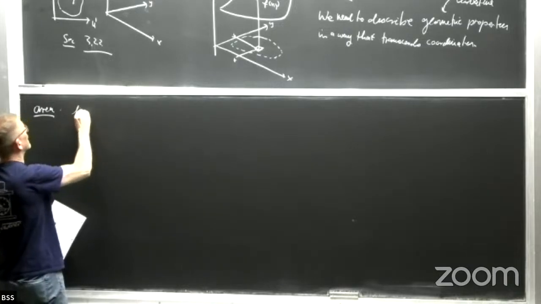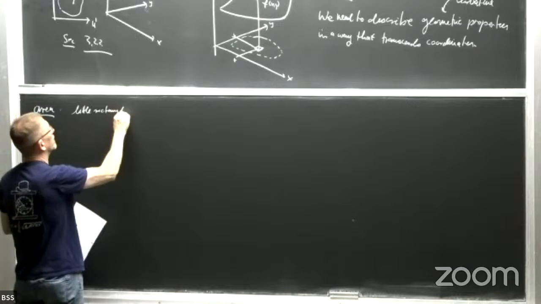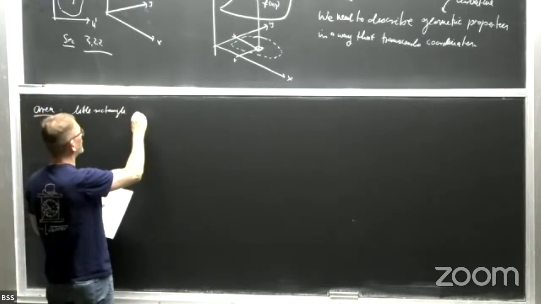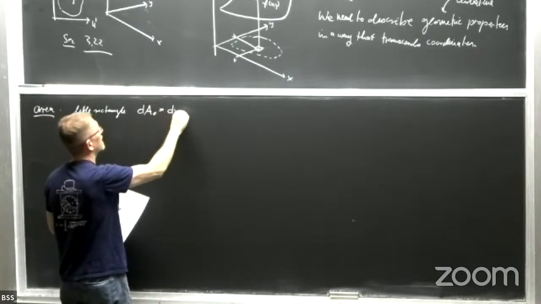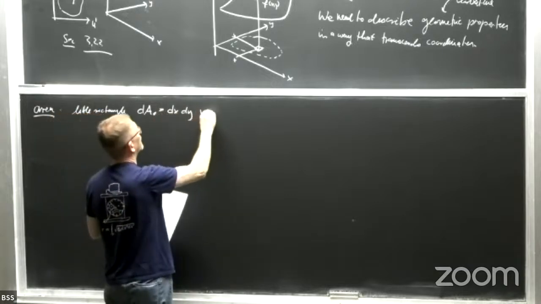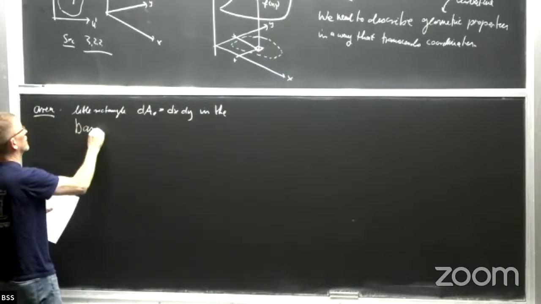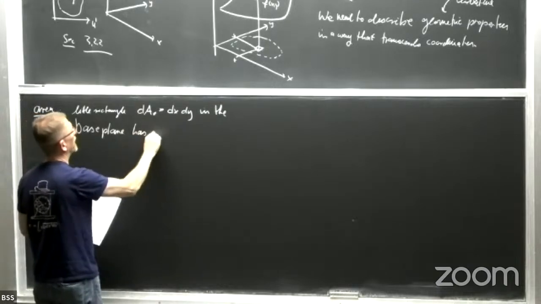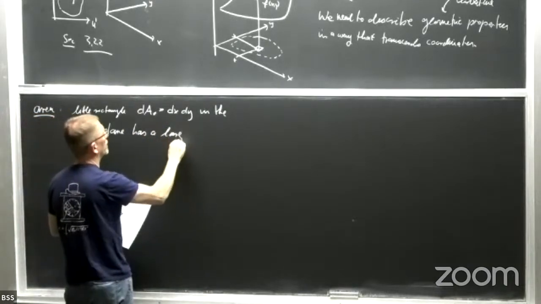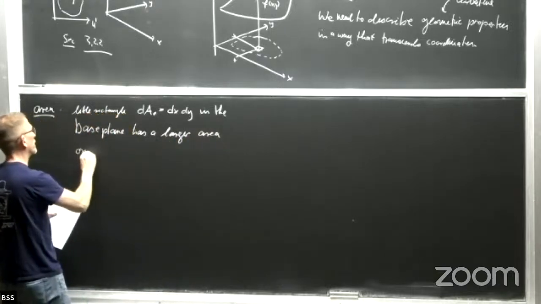So a little rectangle dA naught, which is just dx dy in the base plane, has a larger area on the surface.